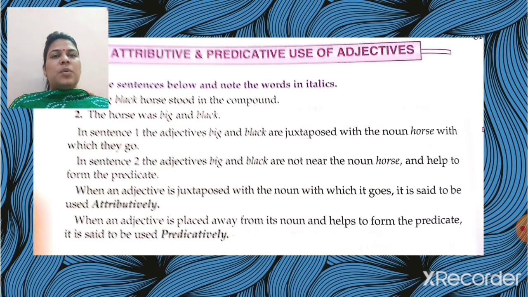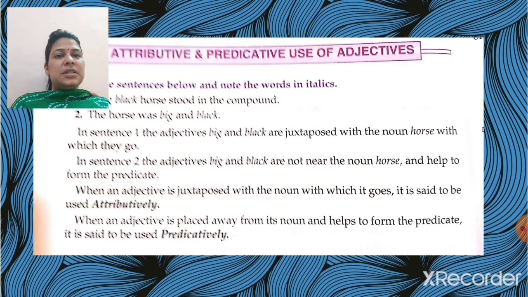In sentence 1, the adjectives big and black are juxtaposed with the noun horse with which they go. So they are just placed near to the horse. In sentence 2, the adjectives big and black are not near the noun horse and help to form the predicate.